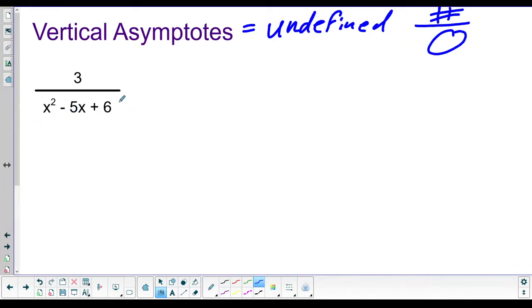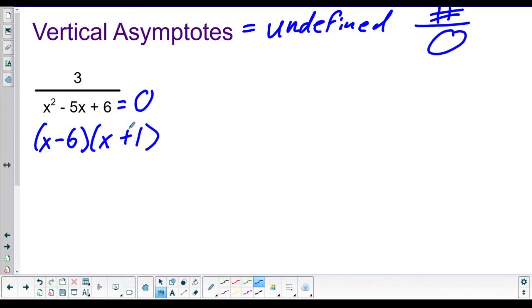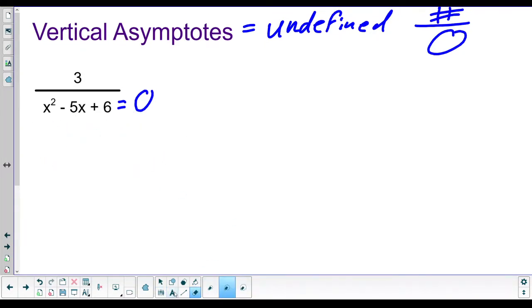So again, we factor this thing and set it equal to 0. So this will factor to x minus 6 times x plus 1. And let's just double check our math. Negative 6 times 1 is negative 6. Oops, I made a mistake. I did that on purpose to show you that it's not always the right one. You have to check your math. So because that didn't work, we have to find a new way.